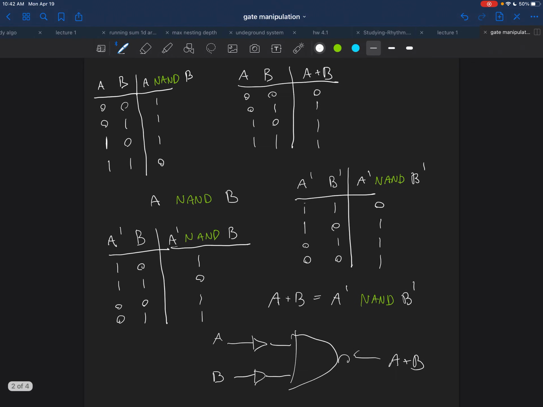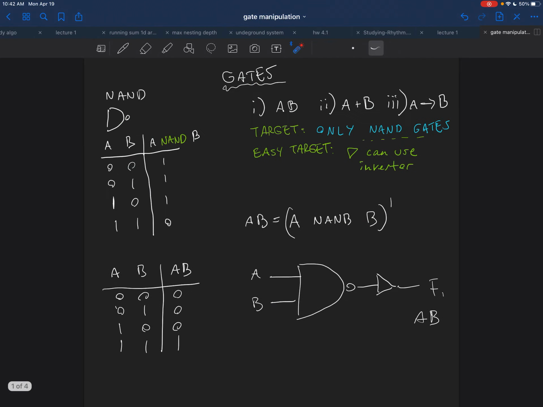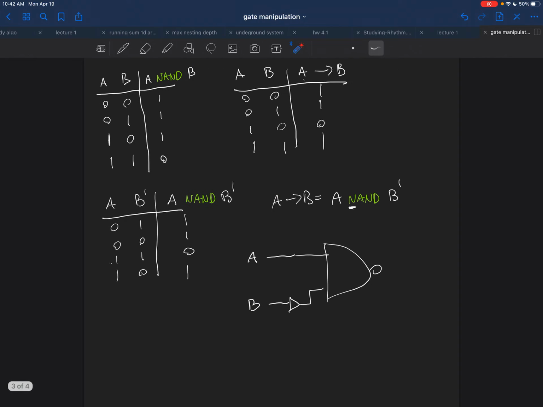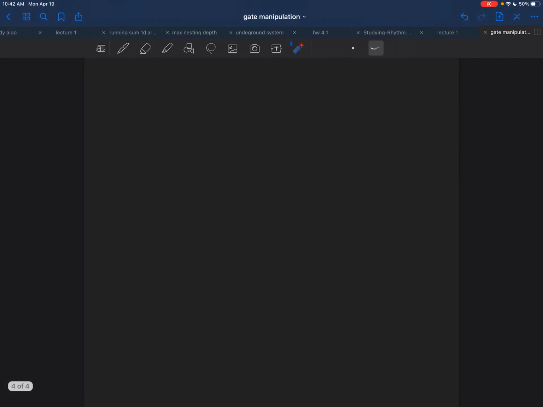Let's look back at our target truth table values. So A and B, A or B, and A implies B. Now we have to just get that with NAND gates. This is the hard bit.